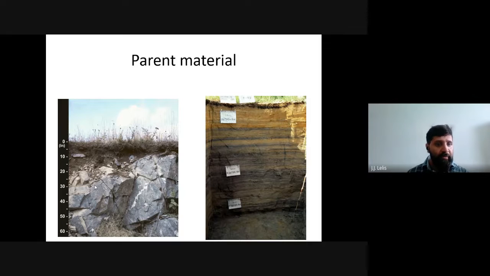So some of the properties will highlight this difference, and some of the properties could be so blurred by some soil formation factors in the case of well-developed soils, okay?